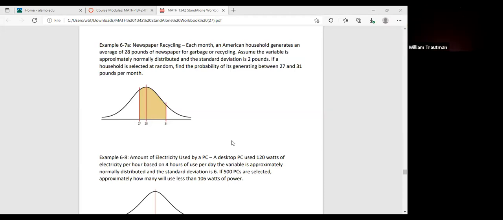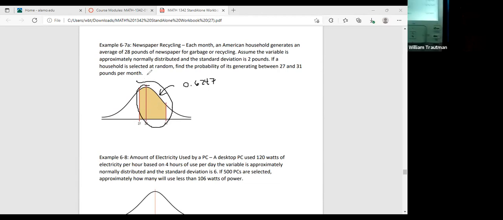So for this one, we got 0.6247. So this is about 62% shaded in.